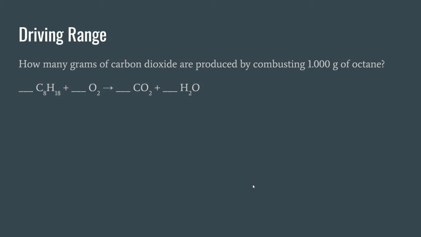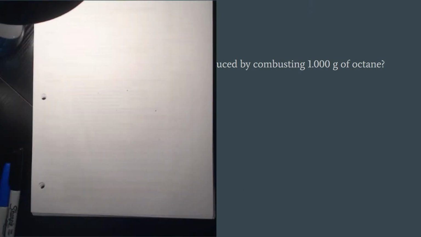How many grams of carbon dioxide are produced by combusting 1 gram of octane? Well, we already balanced this in class, but you know, it can't hurt to keep practicing.